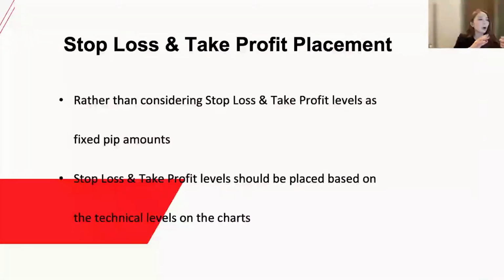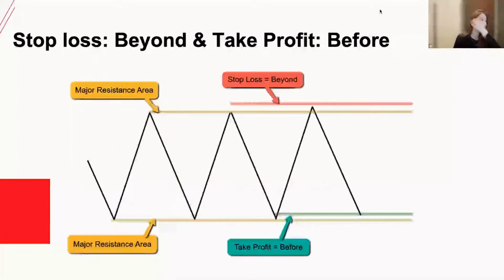So instead of looking at pip amounts, stop loss and take profit should be placed on technical levels on the charts, which are important horizontal levels like your support and resistance and historical price values. One example will be shown in this chart below. Stop loss beyond and take profit before.